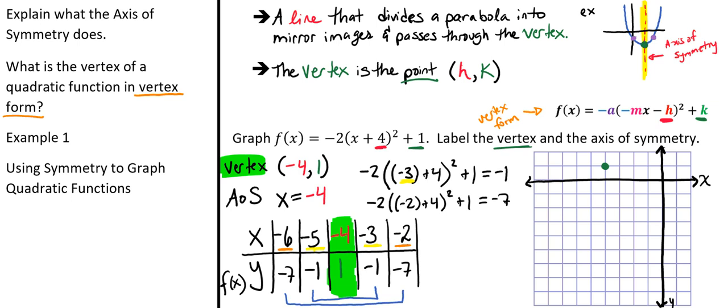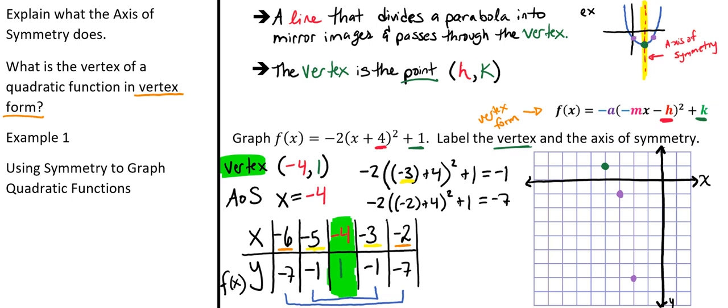And then I'm going to start plotting my points. So I'm going to plot (-3, -1). And then I'm going to plot my (-2, -7). I'm plotting my (-5, -1), and my (-6, -7) is going to be really easy, especially if I think of my axis of symmetry when I do it.